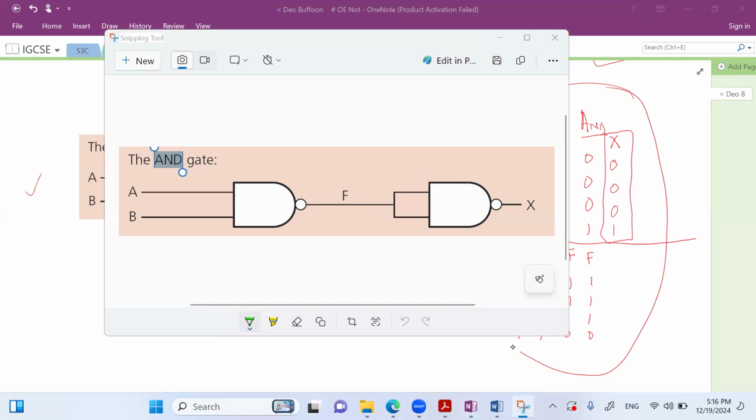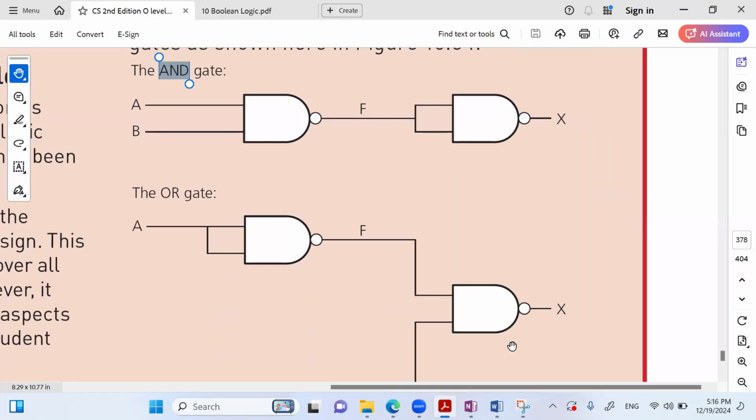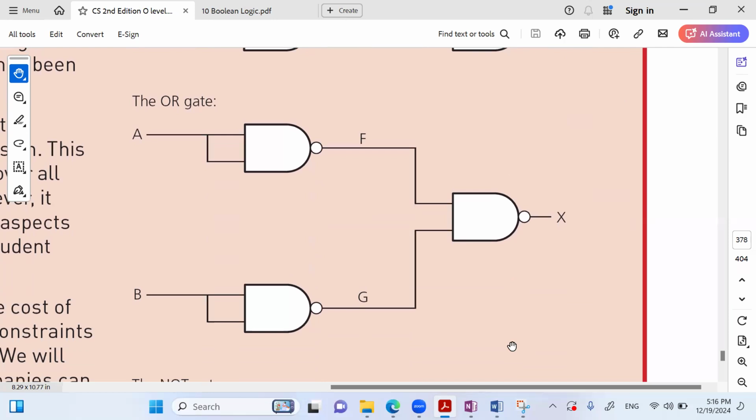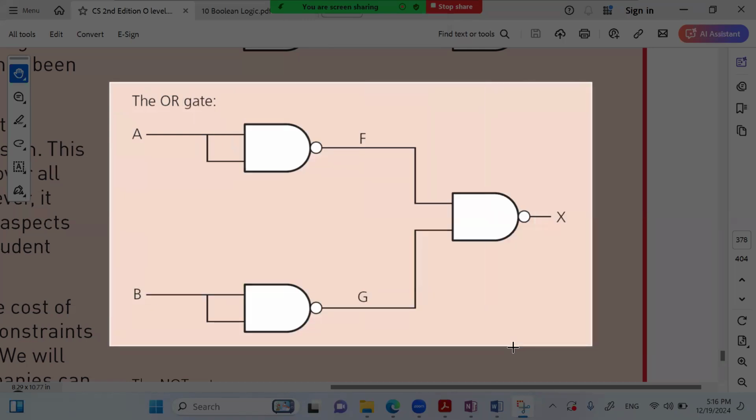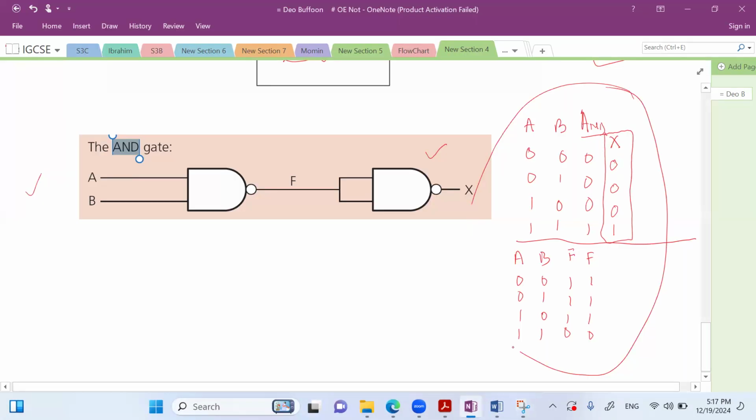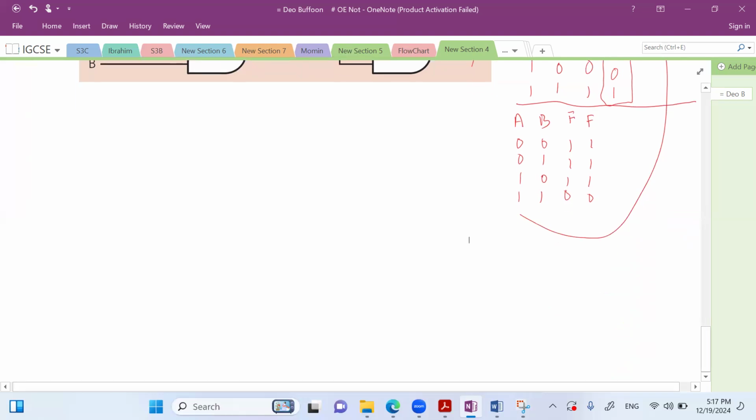Going a little back again. Now, they said this is an OR gate. Is this going to work as an OR gate? Let's try to find out.